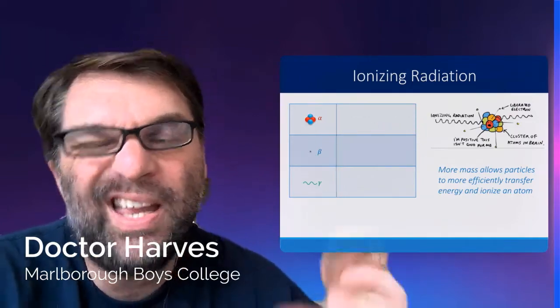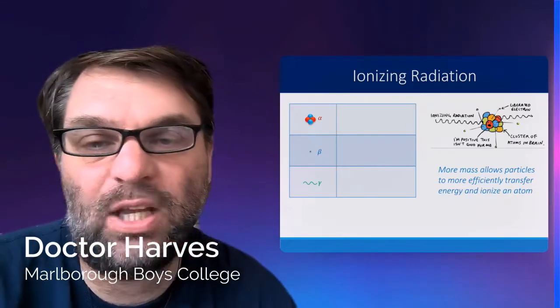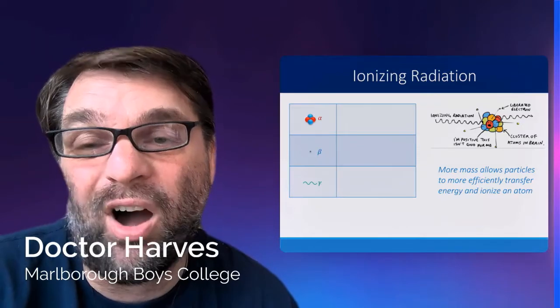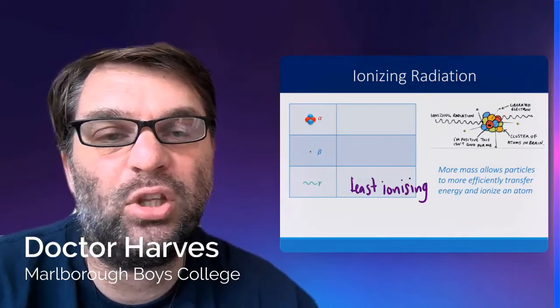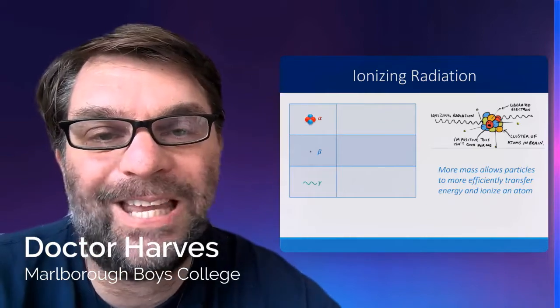A beta particle has an intermediate ability to ionize, and gamma radiation is very poorly ionizing.